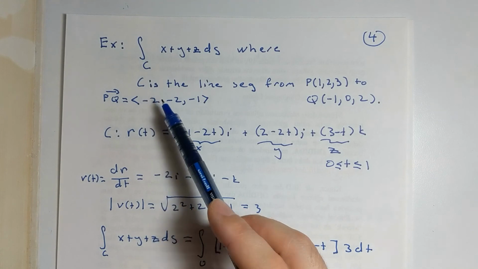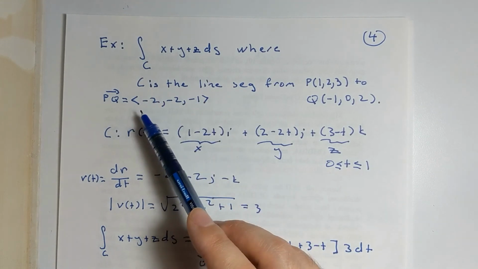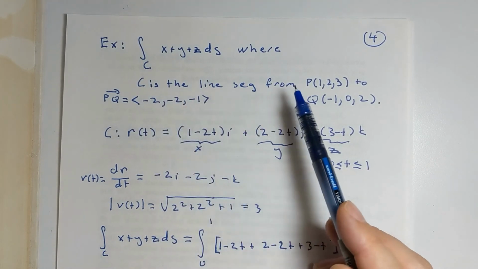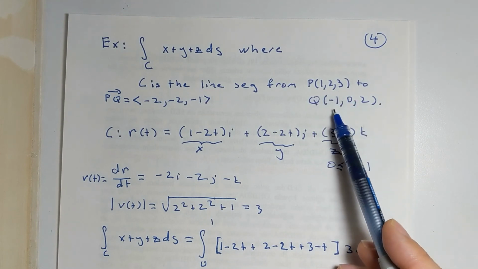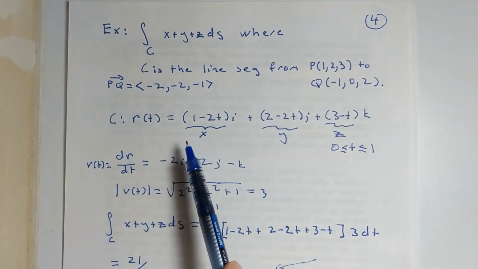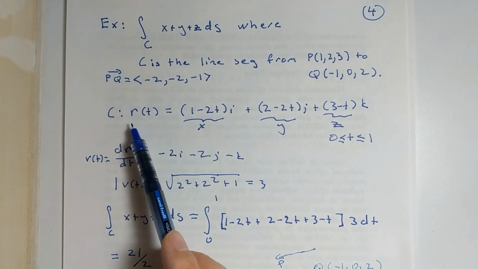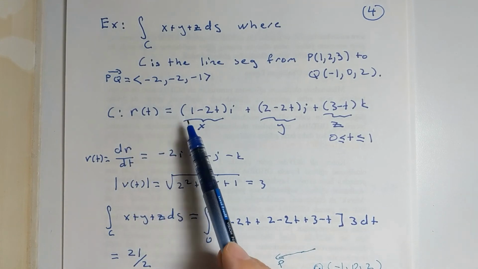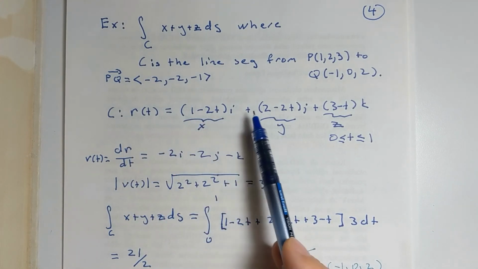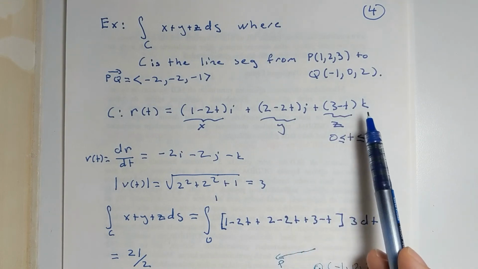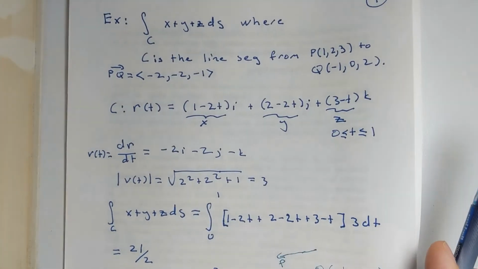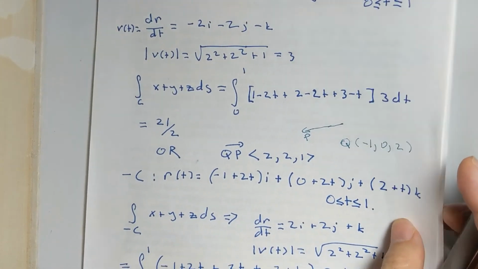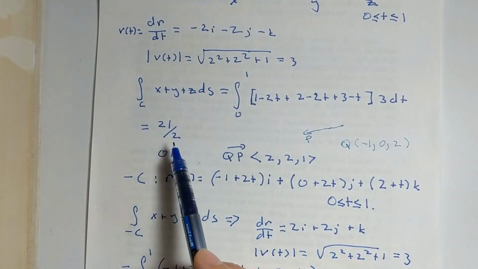Here we took C to be, remember from last class, the line segment from the point P = (1, 2, 3) to Q = (-1, 0, 2). In our last video, we saw that C can be parameterized as (1 - 2t)i + (2 - 2t)j + (3 - t)k. We did this exact integral last time, and we got the answer 21/2.